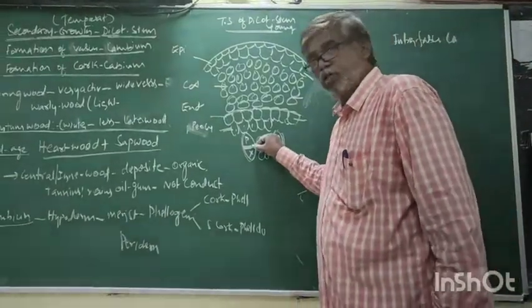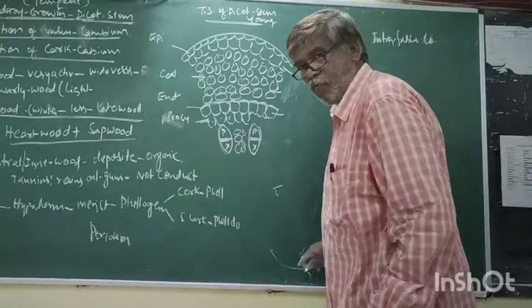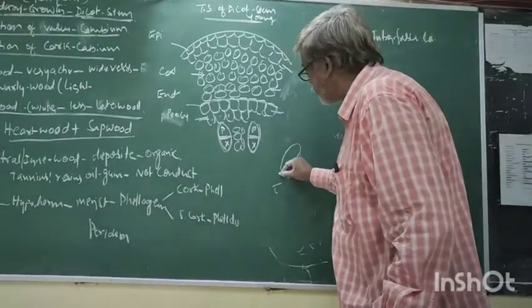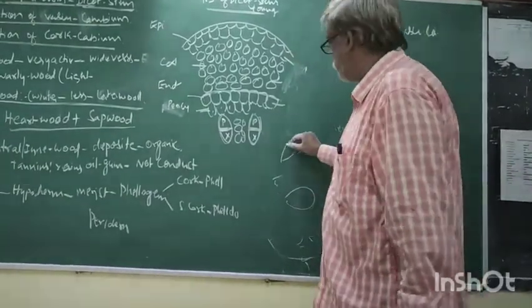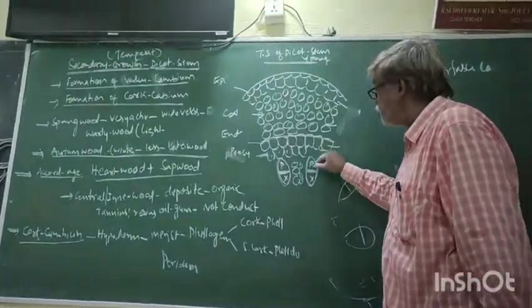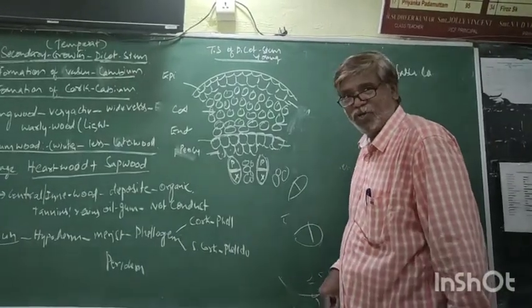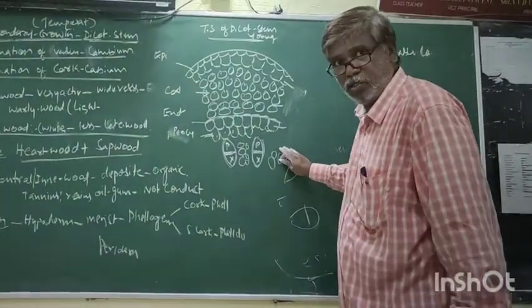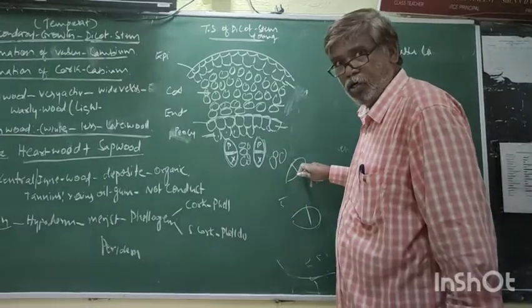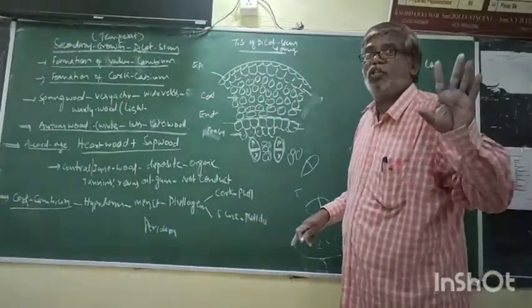Next, what is this? It is also in the vascular bundles, which are arranged in a ring-like manner. Now, what is present between two vascular bundles? Medullary rays. The medullary rays present between vascular bundles undergo dedifferentiation.